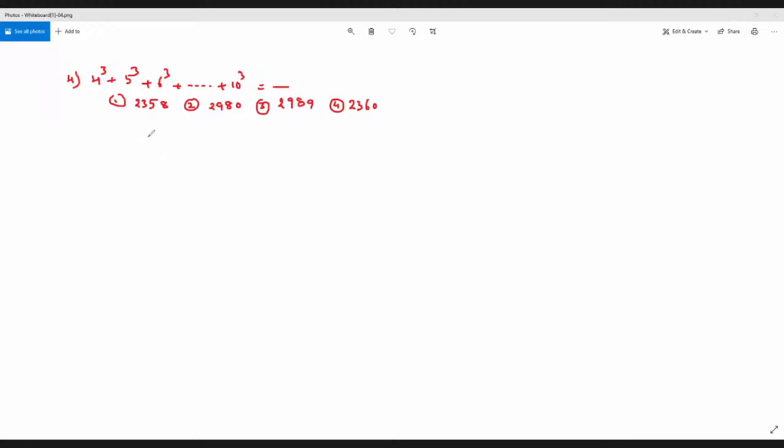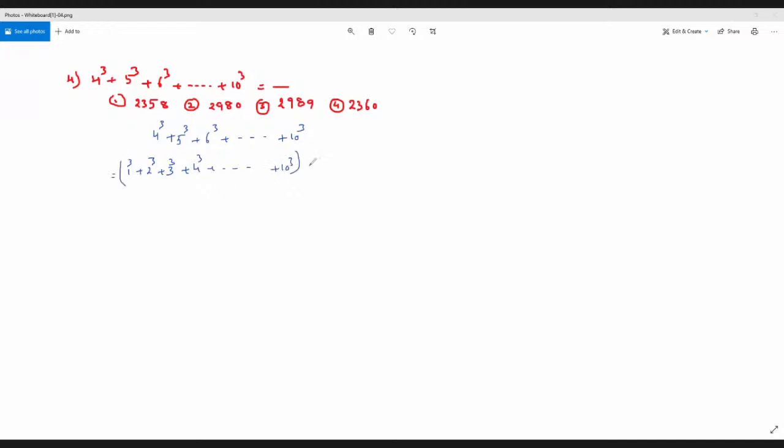So this is 4 power 3 plus 5 power 3 plus 6 power 3 and so on up to 10 power 3. Here we add 1, 2, 3, that is 1 power 3, 2 power 3, 3 power 3, 4 power 3 and so on up to 10 power 3.